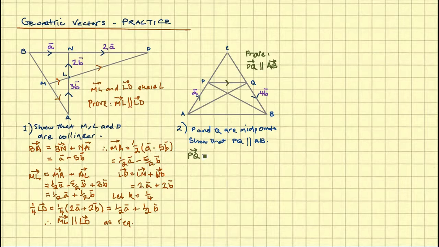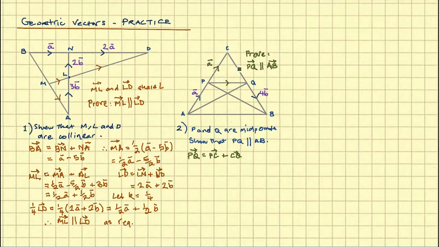So PQ can be obtained by going from P to C. That's the resultant vector of PC added to CQ. Okay, so PC will be here, and because P is a midpoint, we know the vector PC is going to be a, so it's equal to the vector AP.